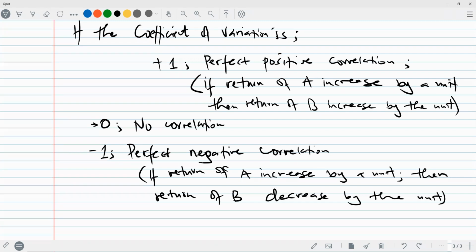That's what a negative 1 correlation means. If A increases by 10%, then B decreases by 10%, for the case of negative 1. Clear?